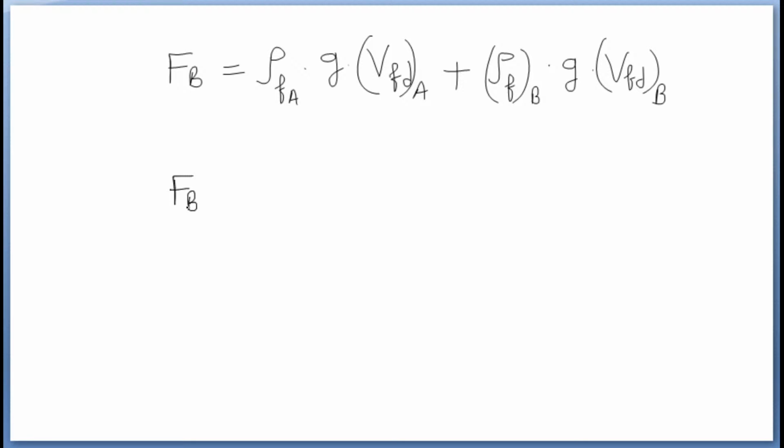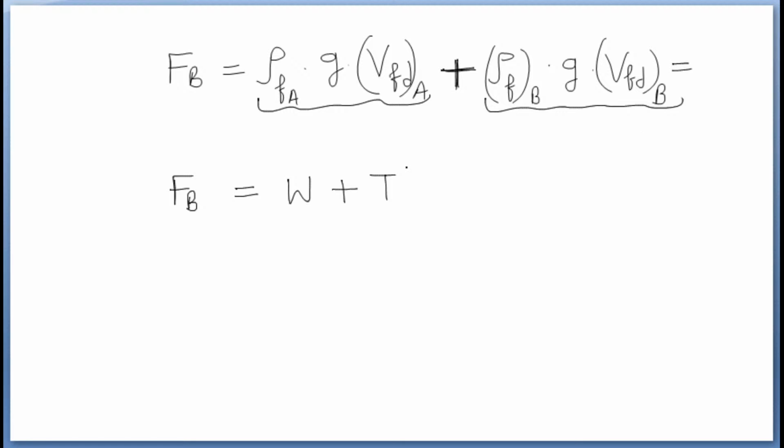FB in upward direction equals W in downward direction, and tension is also in the downward direction. Now calculate what is the buoyancy force. Buoyancy force you have to calculate by these two formulae. Add both, then you will get the exact buoyancy force.